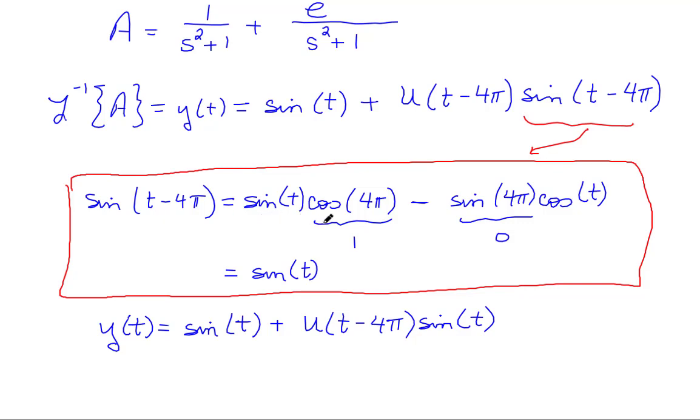Sine t cosine 4 pi minus sine 4 pi cosine t. Well, the cosine of 4 pi is 1, sine of 4 pi is 0, so all that's missing. And so sine of t minus 4 pi is really the sine of t. And so we get our solution for this second order differential equation.